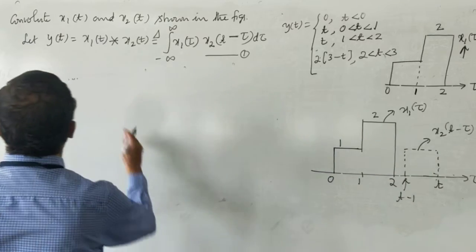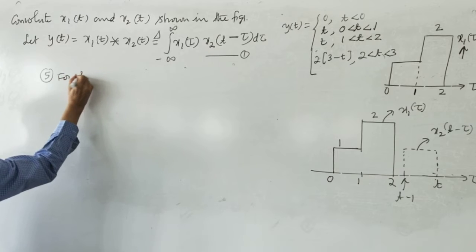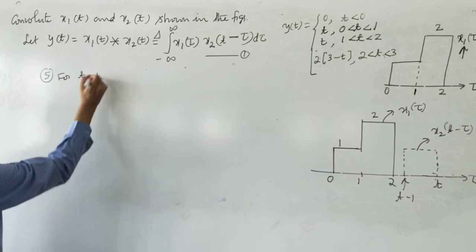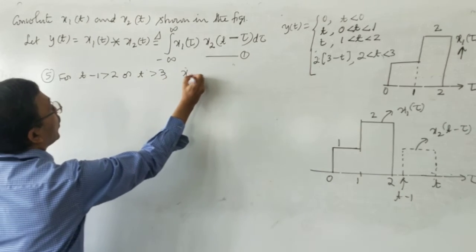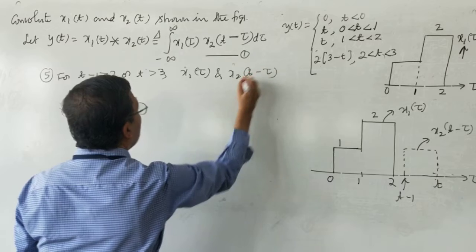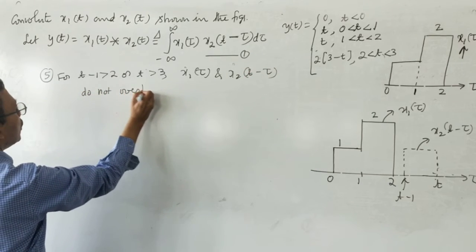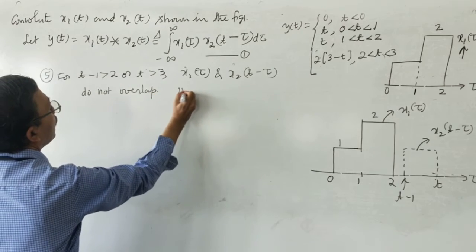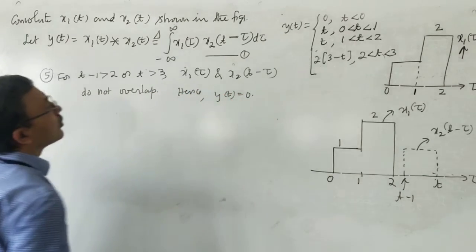I am going to say now, case number 5, for t minus 1 greater than 2 or t greater than 3, x1 of tau and x2 of t minus tau do not overlap. Hence, y of t equals 0.